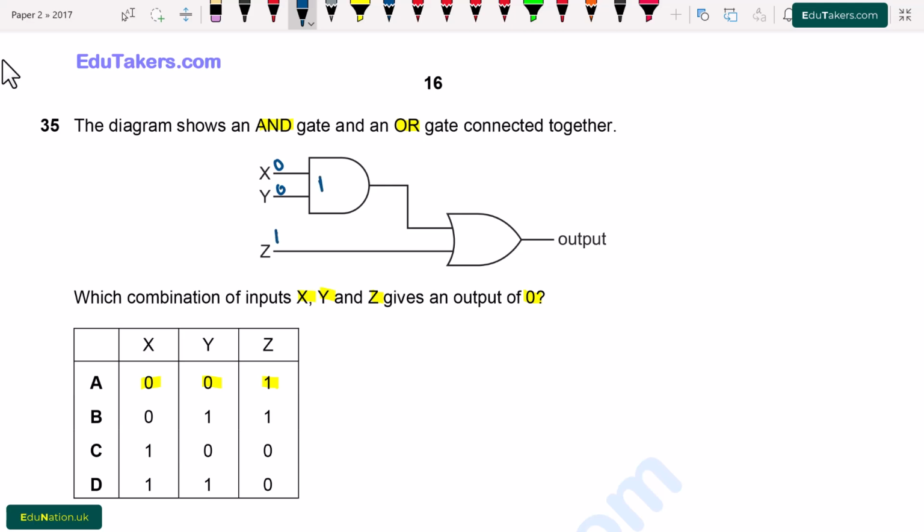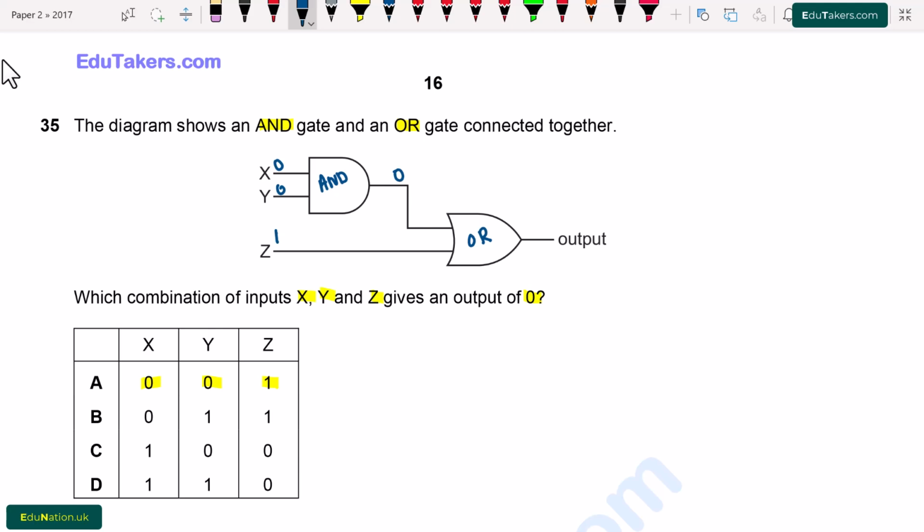First of all, here is the AND gate and this is the OR gate. In the AND gate, we say that if both of the inputs are high, the output will be high. Otherwise, the output will be low. So here 0 and 0, both of these are low inputs. It means that output will be low, which is equal to 0.